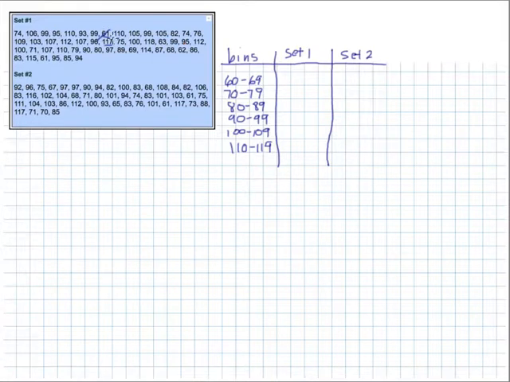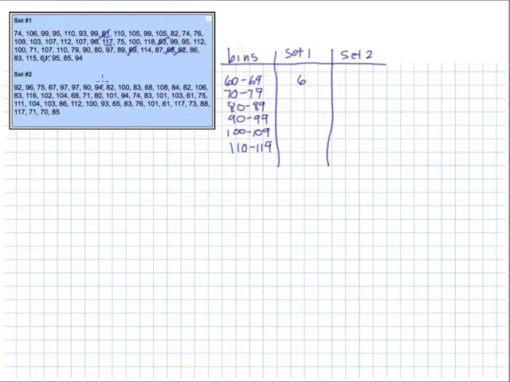Here's a 61, so that's one. I run across the rows here. There's another one, there's 2, and 3, 4, 5, 6 pieces of data in that first set that are in the 60s.